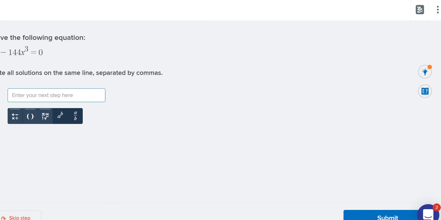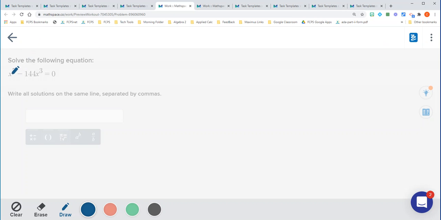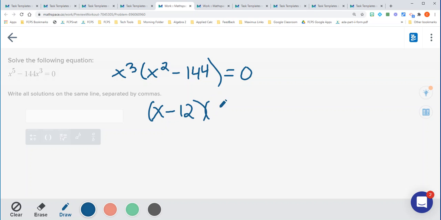Let's see if I can't get this view window better. Okay, so let's solve. First thing I notice, you've got to go through that checklist, is I have a common factor. Oh, and then I have a difference of squares.